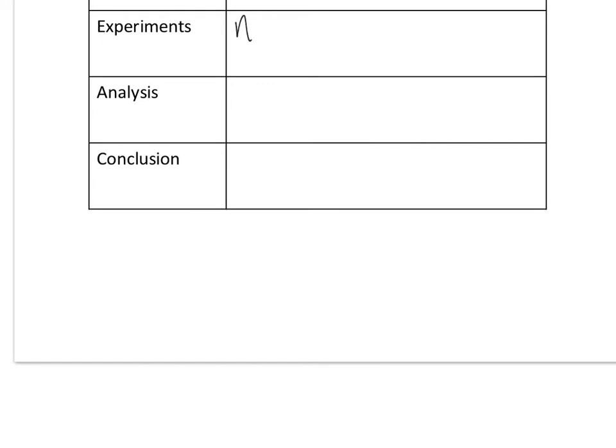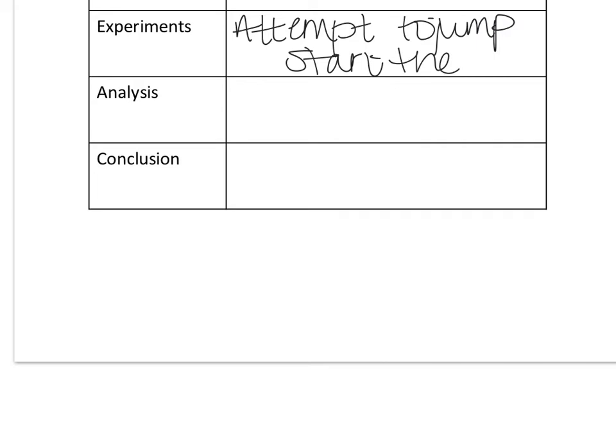Okay, so our experiment would be attempting to jump start the car. Now, based upon that experiment, we're going to make some additional observations. And what's our analysis in this case?